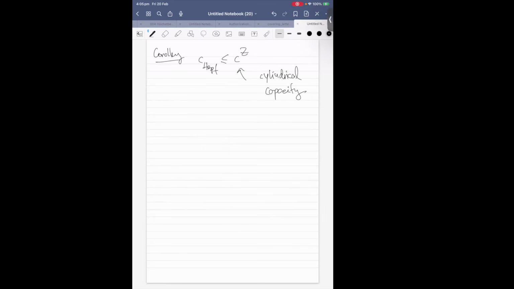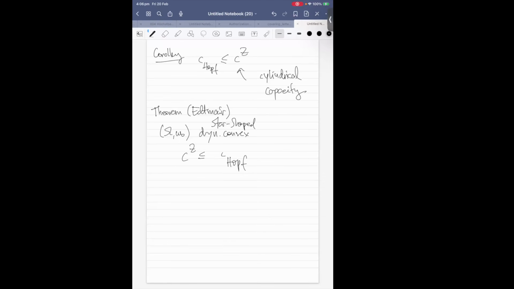There is a theorem by Edtmair stating that if we talk about the dynamically convex, star-shaped domain, then CZ is less or equal than C Hopf, right?